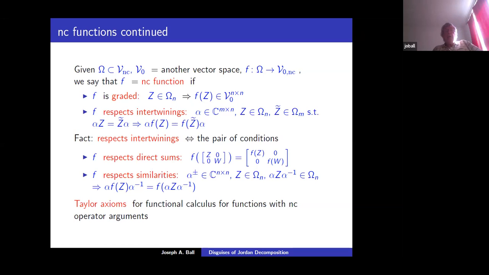And respecting intertwining conditions is the same as respecting direct sums and respecting similarities taken together. So sometimes these are easier to work with.